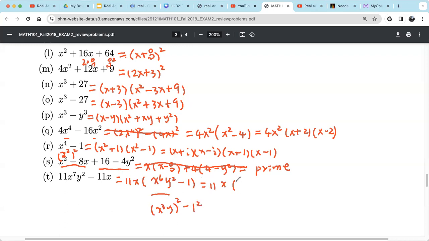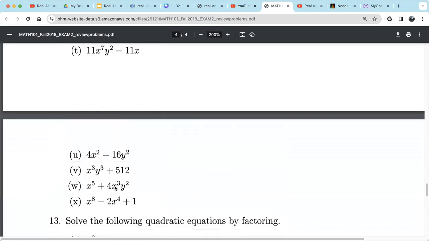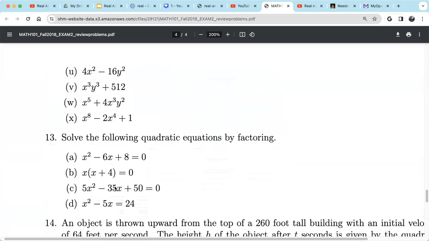So difference of two squares, so we have x cubed y plus 1 times x cubed y minus 1. Right? So 11x times x cubed y plus 1 and times x cubed y minus 1. Okay, that finishes this number, oh, we still have more factoring.